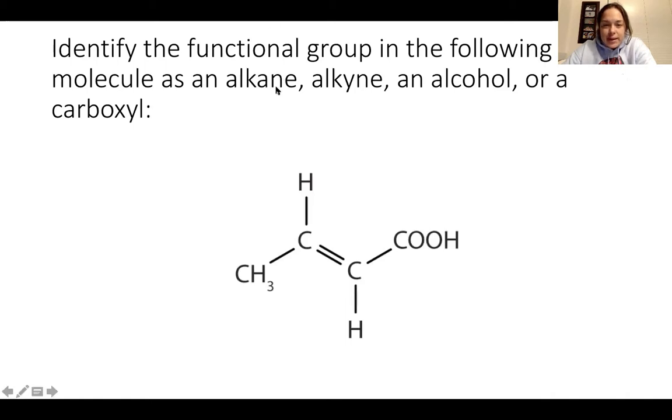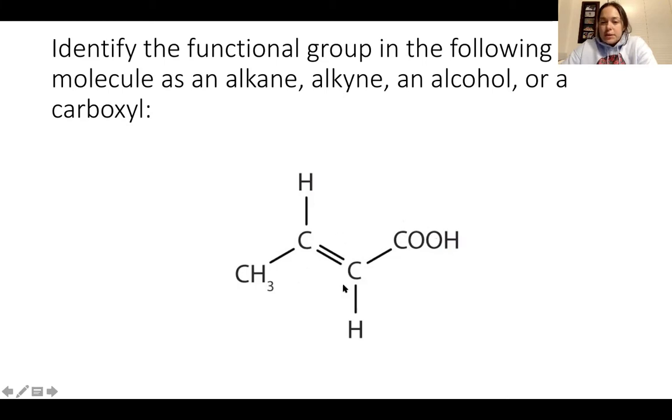So ANE is all single bonds, YNE is triple bond, alcohol is an OH group only, and the carboxyl is this COOH, this COO. If you were to write it out, it would be a carbon with a double bond to one of these oxygens and a single bond to the other oxygen, and then that oxygen is binding the other hydrogen.